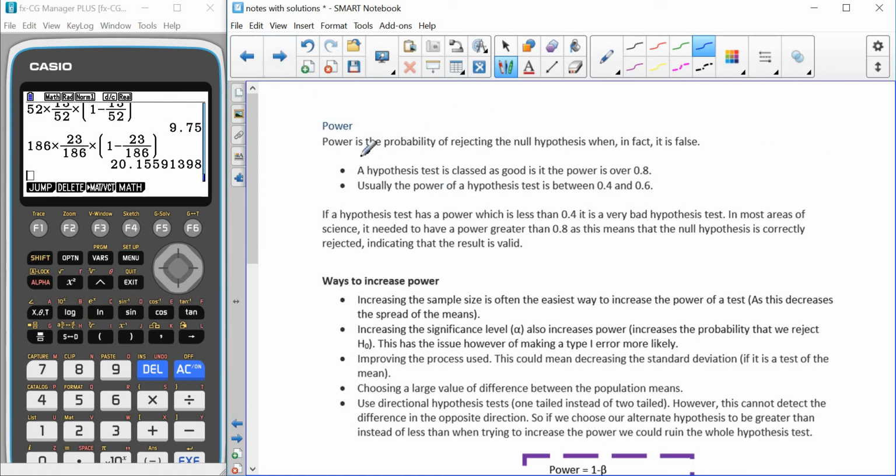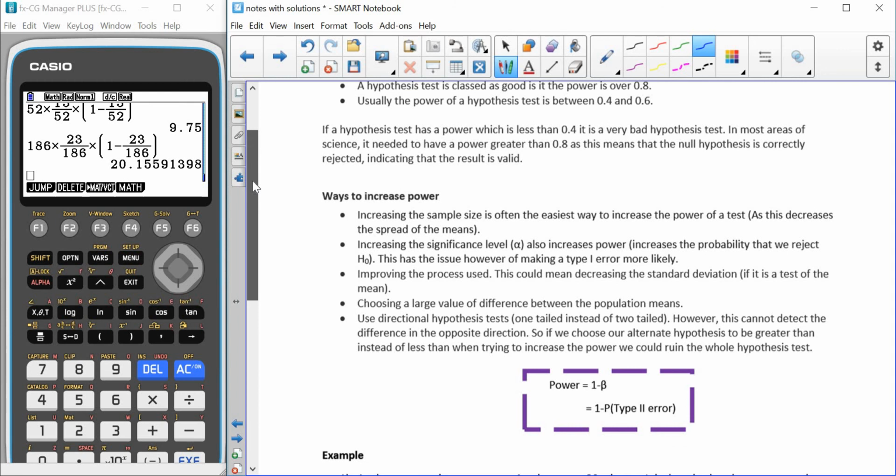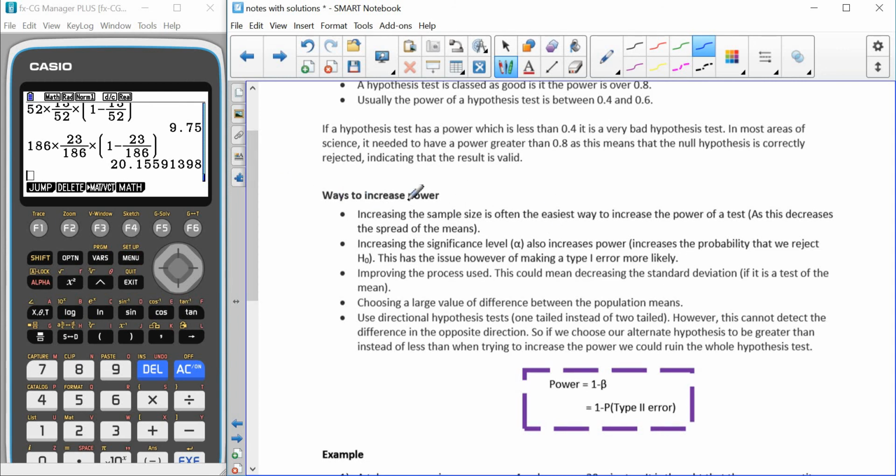And here, remember that power is just 1 minus the probability of making a type 2 error. So if we're looking at ways that we can increase power, that's meaning we're looking at ways that we can decrease the probability of making a type 2 error.